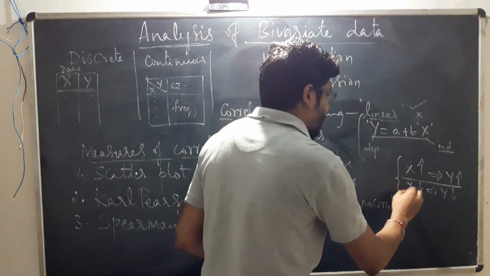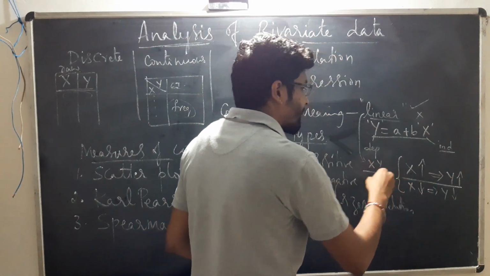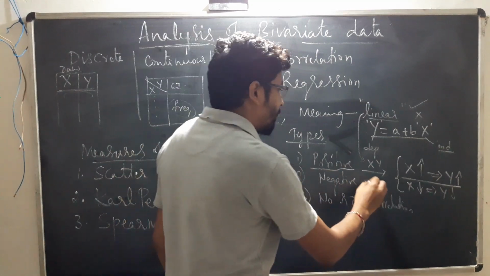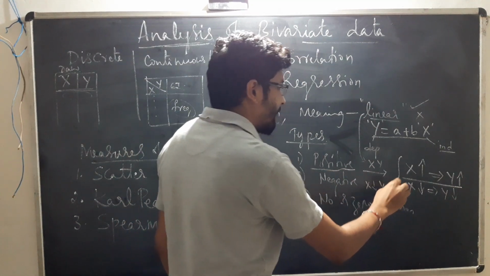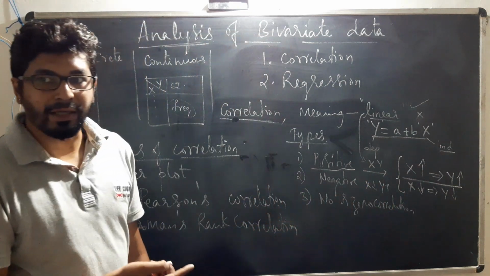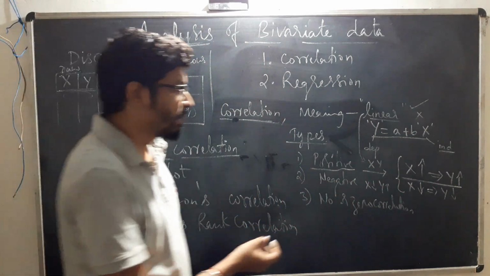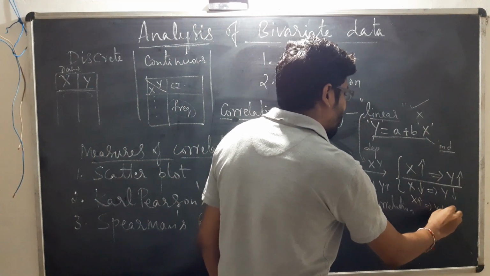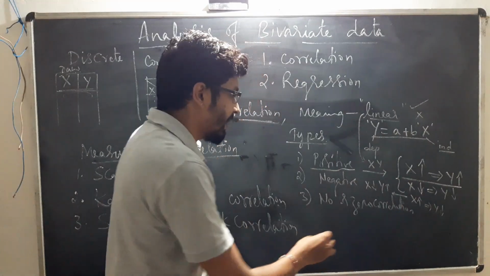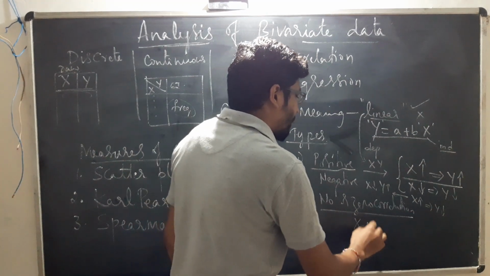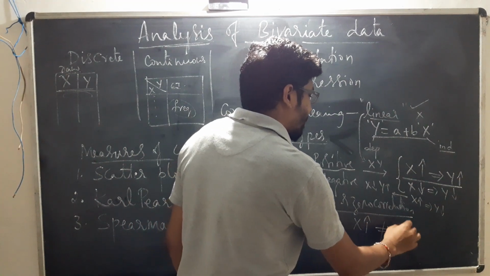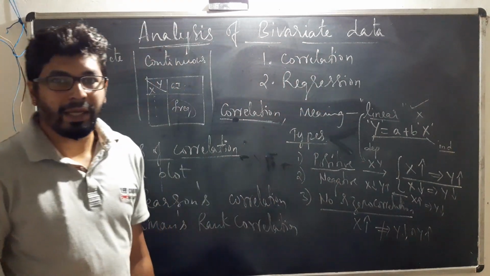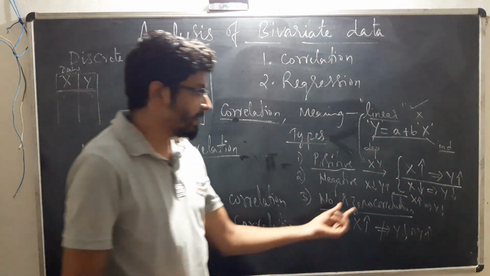So together I can say that if x and y move in the same direction, then we say correlation is positive. If they move in the opposite direction, that is, an increase in x leads to a decrease in y, or a decrease in x leads to an increase in y, in that case we say correlation is negative. If the change in one variable is not at all associated with a change in the other variable, then we say there is no correlation between x and y, or the correlation is zero.